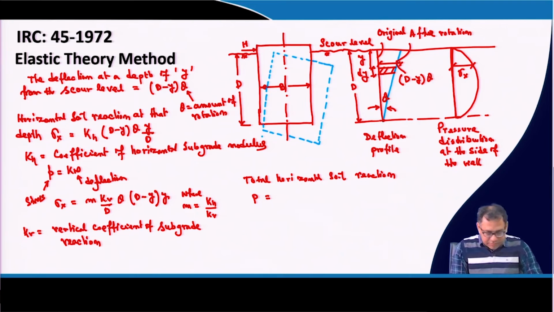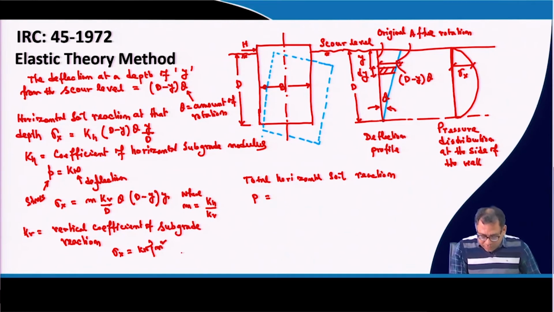This term is dimensionless, so sigma x is equal to k v in kilonewton per meter cube into d, so this will be kilonewton per meter square.